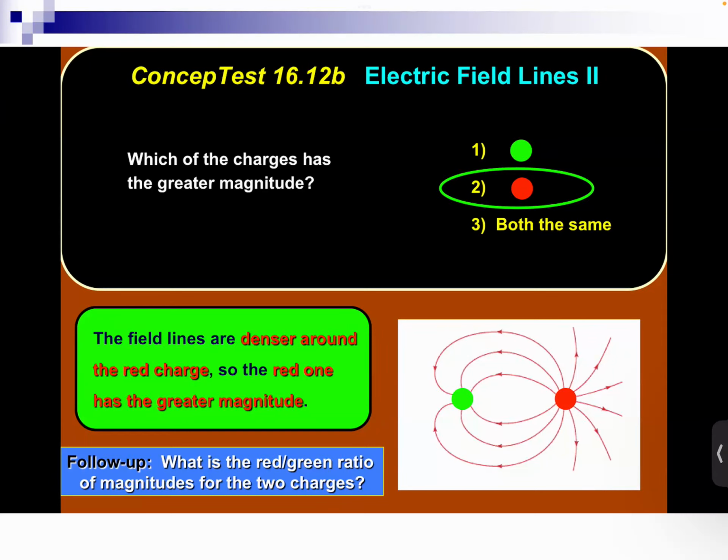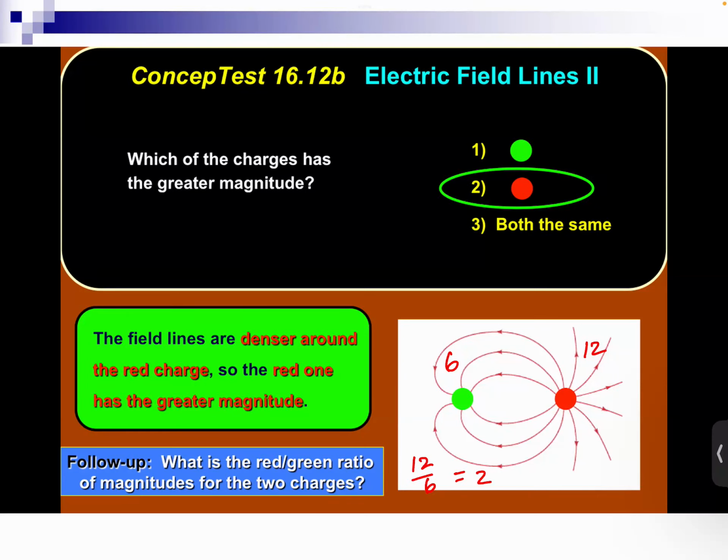If you can see here, you have 12 electric field lines coming out of the positive charge, 6 electric field lines entering the negative charge. So the ratio of red to green is 12-to-6 or 2. It gives you an idea that the red charge is double the green charge.